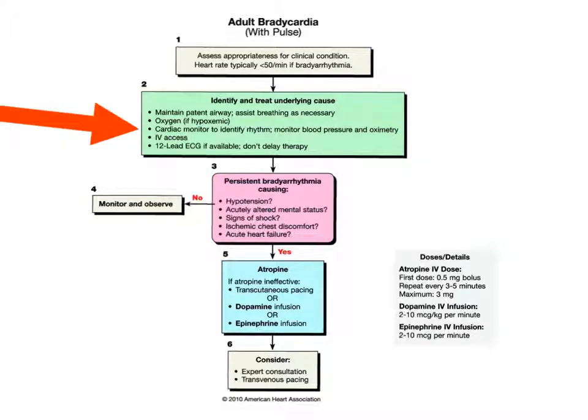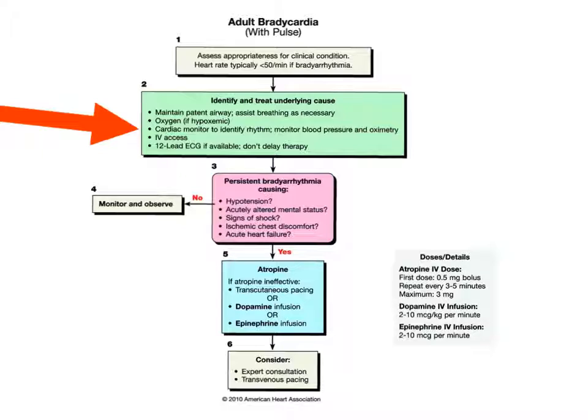And the next box on the algorithm talks about identifying and treating the underlying cause, and this is particularly important with sinus bradycardia because most of those have a treatable cause, usually parasympathetic tone, and we can treat that. 12 lead EKG if available, but don't delay therapy.